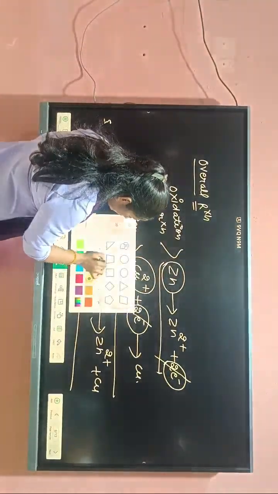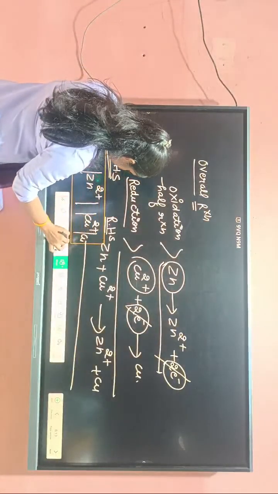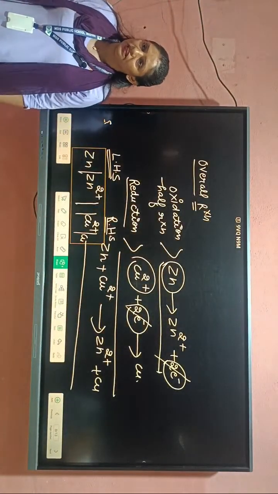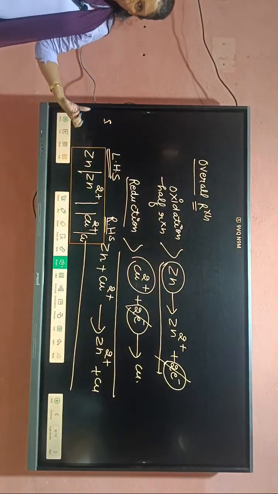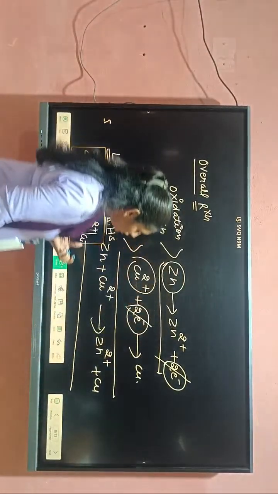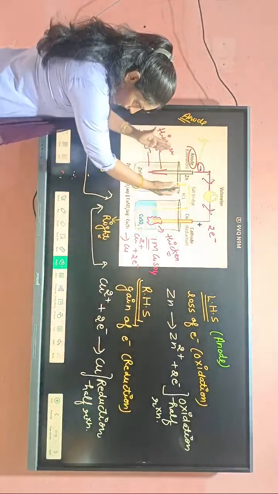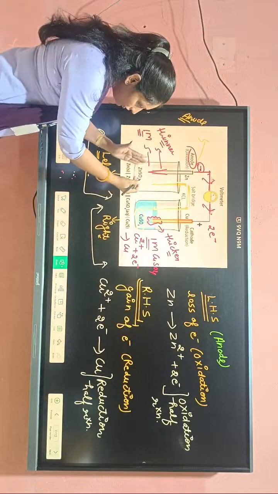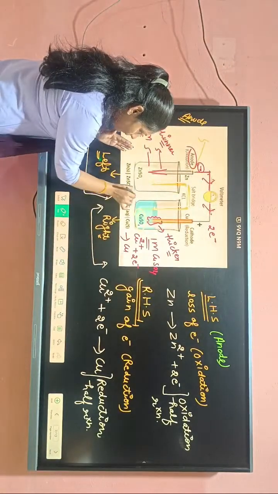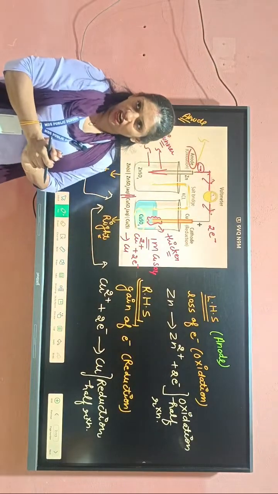So this is the representation of the electrochemical cell. First you write the oxidation half reaction, then separate with the salt bridge, then write the reduction half reaction.